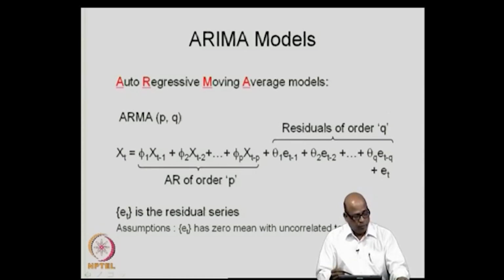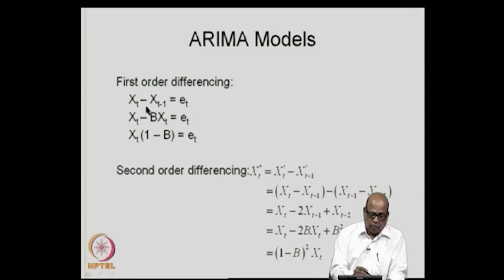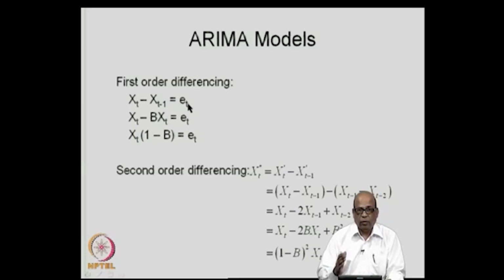Let us see how we express this using the differencing with the B operator, for which let us say you are talking about a term of first order differencing, x t minus x t minus 1 is equal to E t. What is the model here? You have only integration, you have neither the AR terms nor the MA terms. So, in our ARIMA p d q notation, p is 0, q is 0 and d is 1.